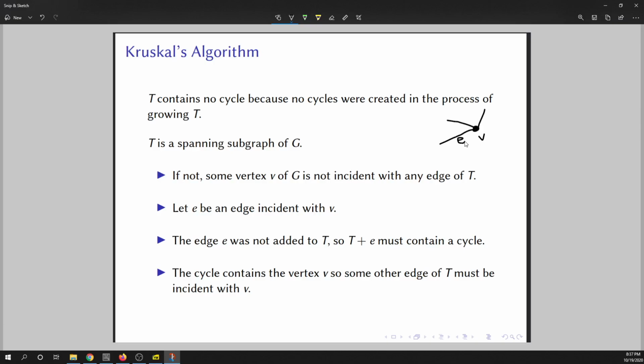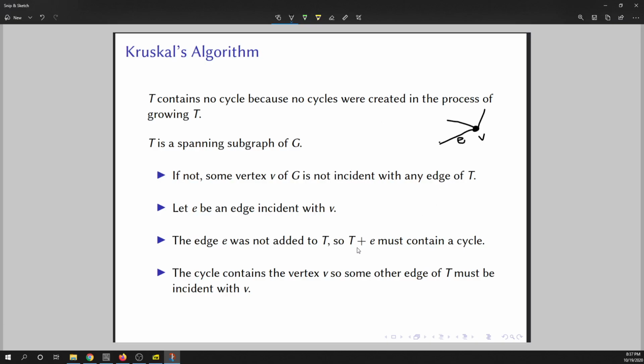I'm just going to call this one E, okay? And so when we went through and did the algorithm, we know that this edge E was not picked, because we know that no edge that's incident with V is in T. So this edge was not picked to be part of our tree T.